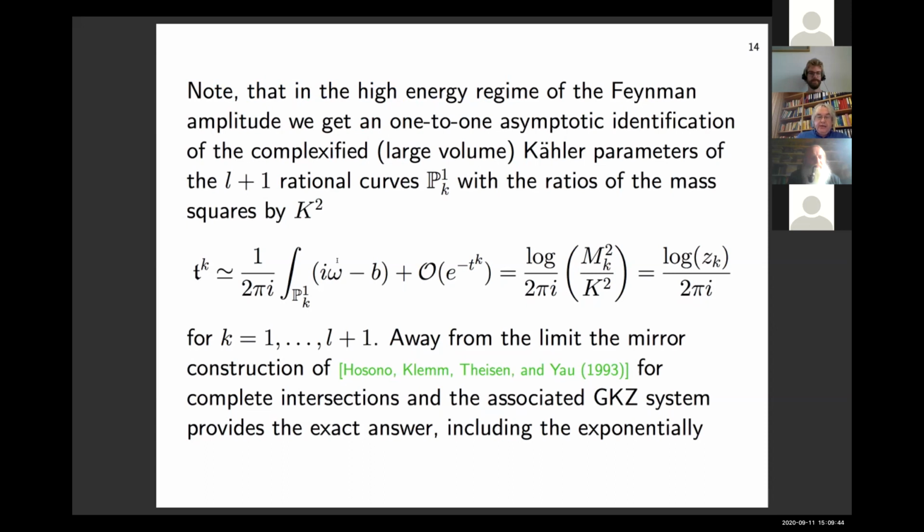So you take the symplectic form, which any Calabi-Yau has, so you have a symplectic form. And in mirror symmetry, we make this complex, so we add the B field. But actually, the real part of this, note there is a 2 pi i here, is simply the area of this P1. And the area of this P1 is just the logarithm of the mass squared over the momentum squared. And we will introduce canonical coordinates for that, which are called z_k.